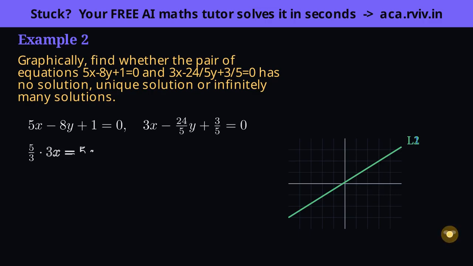Same line, same solutions. Let's scale the second equation by 5/3 and see what it becomes, term by term. The x term, 5/3 times 3x gives 5x.